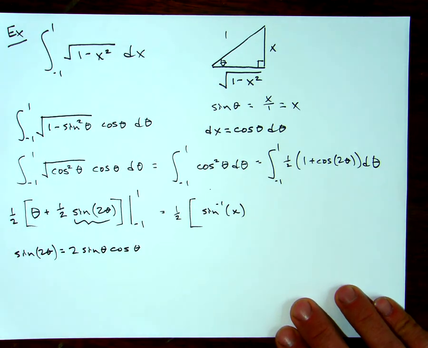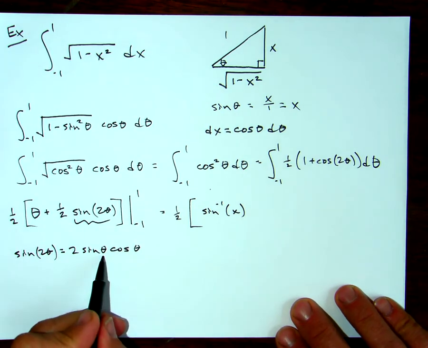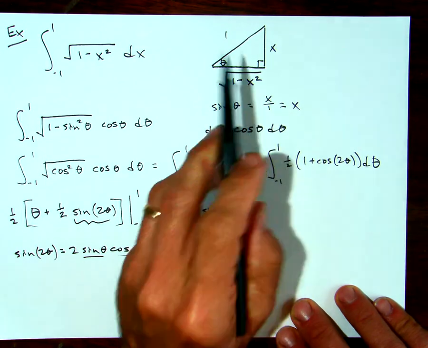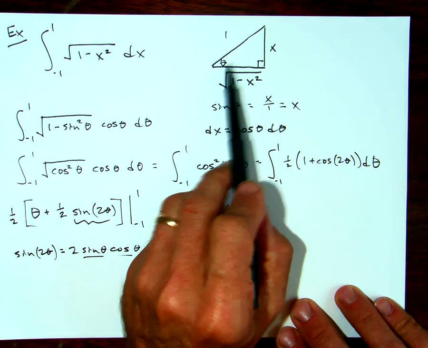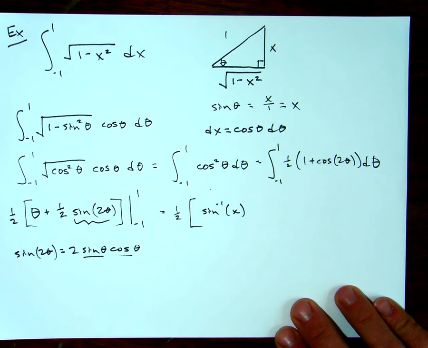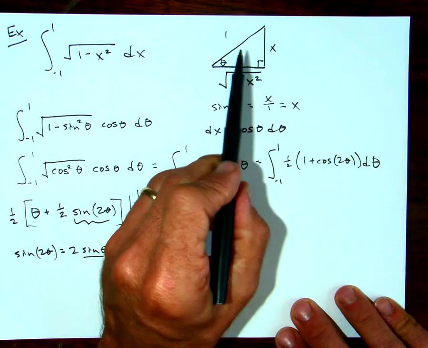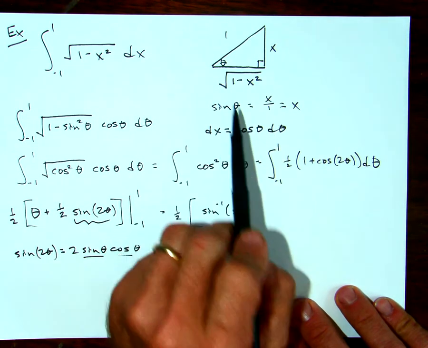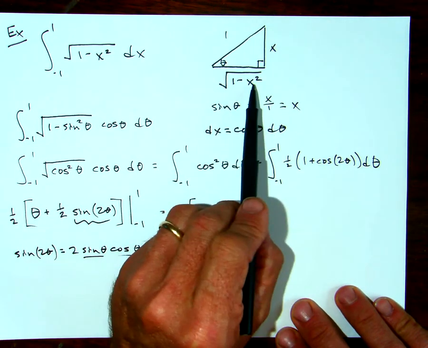Because now I can use my triangle. Sine theta is going to be x, cosine theta will be the square root of 1 minus x squared. Well, technically sine theta is x over 1, and cosine theta is the square root of 1 minus x squared over 1.